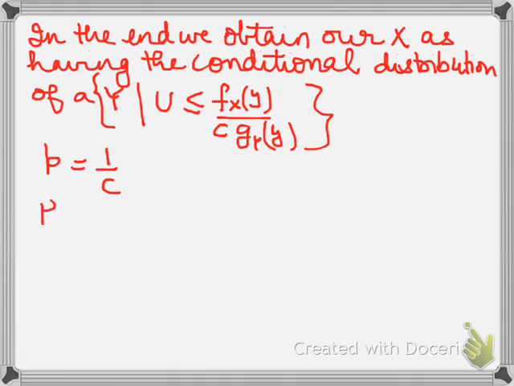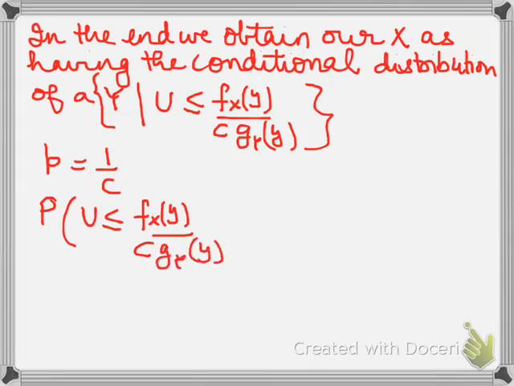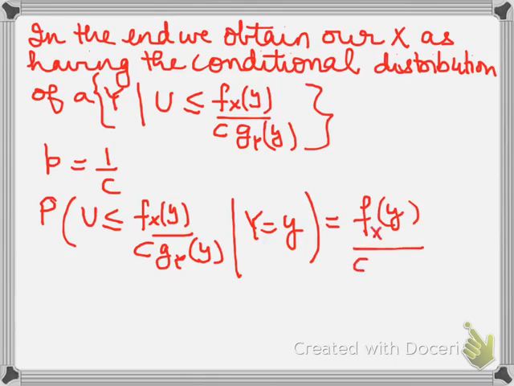So the probability that U is less than or equal to f_X(Y) over c g_Y(Y), given that Y equals y, is f(y) over c g(y), because U is uniform, right?